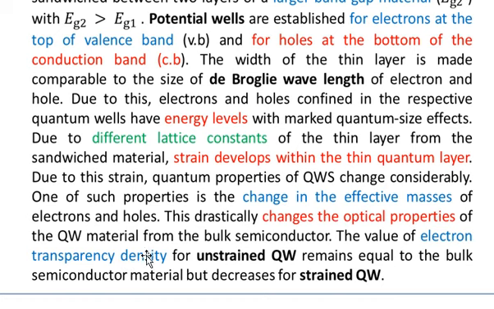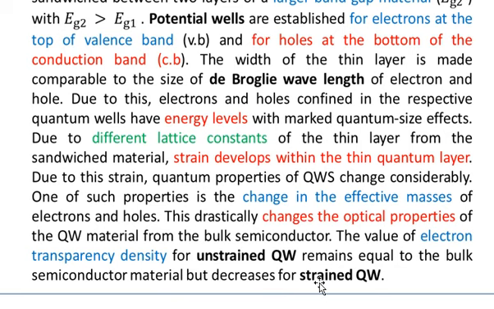The value of the electron transparency density for an unstrained quantum well remains equal to the bulk semiconductor material, but decreases for the strained quantum well. So for the strained quantum well, we do not need a greater density of electrons to be injected as carriers.